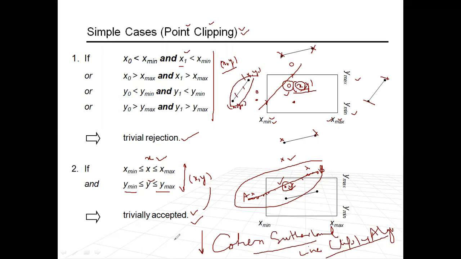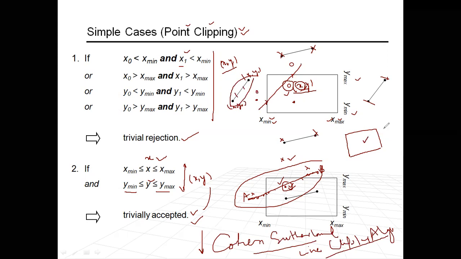I hope you are able to understand the basics of clipping. Clipping is done across any window or viewport. It simply identifies the visible portion and the invisible portion. The portion lying within the window or the viewport will be considered the visible portion.